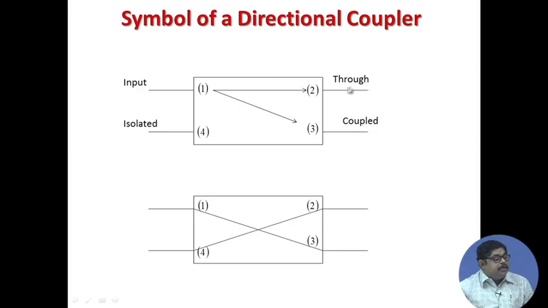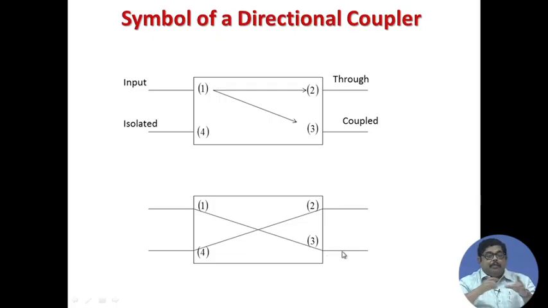Sometimes the spelling through is also written THRU as a short form, but actually it is through. Also, this is the diagram of the directional coupler in the network analyzer; this symbol is also sometimes used, that you are giving power at port 1, you see it is going to port 2, but the main thing is it is getting coupled.